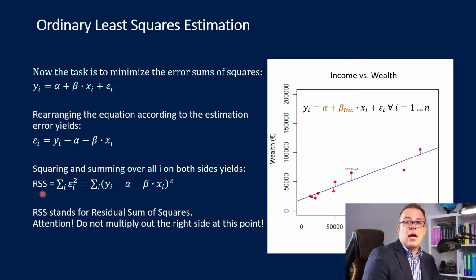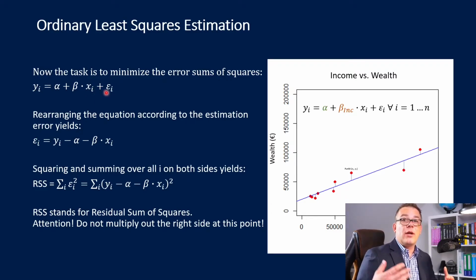Now let's see how we can achieve this. Now we start, I just left away the i that I annotated here, and I gave it a more general approach nevertheless. So the epsilon, again, is explained by alpha and beta, the x value, and the residual.